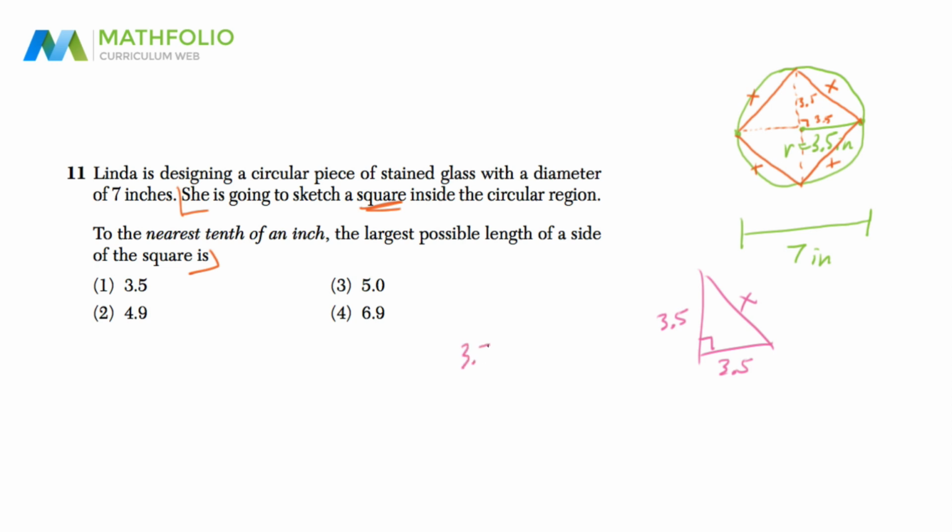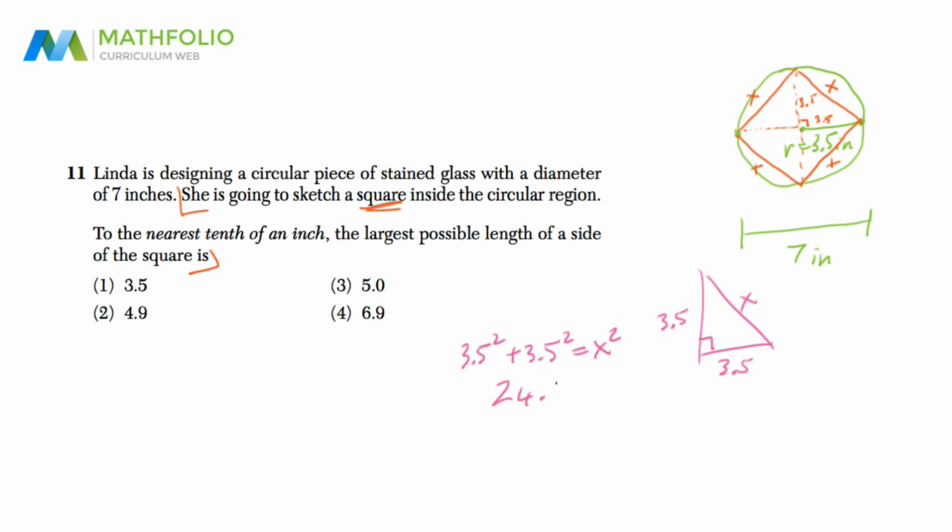the Pythagorean theorem. So 3.5 squared plus 3.5 squared equals x squared. I'm just going to plug all of that into a calculator. In fact, I'm going to do 3.5 squared and then times it by 2 because we've got 2 of them. That gives me 24.5.